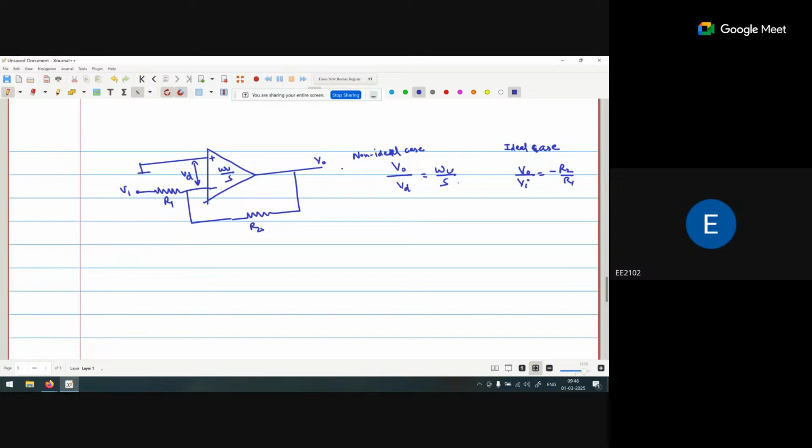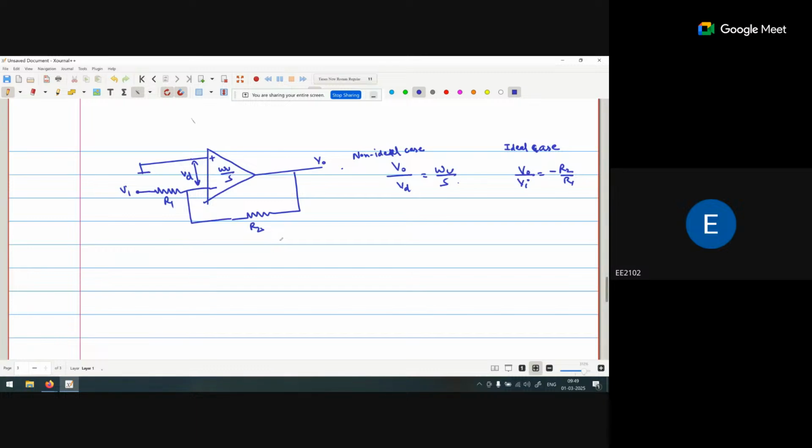Directly it is minus of feedback resistance upon input resistance, so minus R2 by R1 in the ideal case. But in the non-ideal case, this will be different. V naught upon Vd is equal to omega U by s. Now we calculate Vd. So what is the value of Vd?